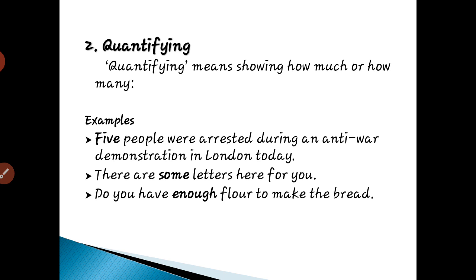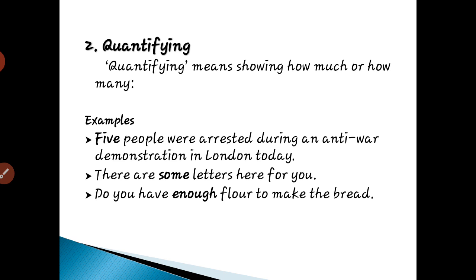Then which type of determiner? It is a quantifying determiner, where it is talking about the quantity of those people who were arrested in that anti-war demonstration. Then the second sentence: there are some letters here for you. So here letters is the noun, and which word is coming before letters? That is some. When we say some, what does it refer to? Some means a non-specific word, a small quantity of something.